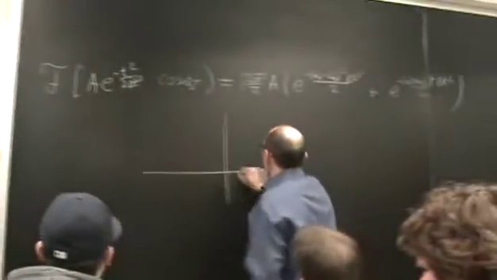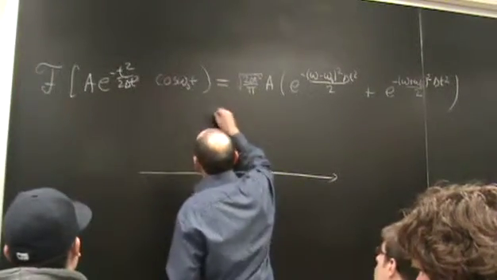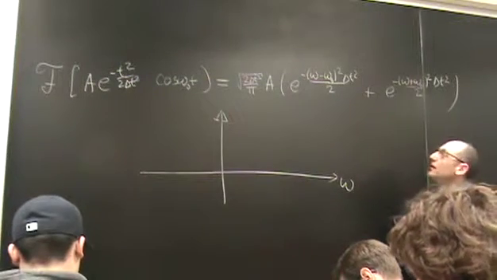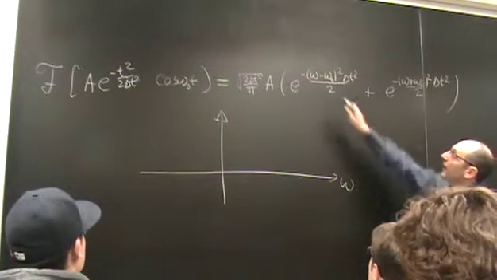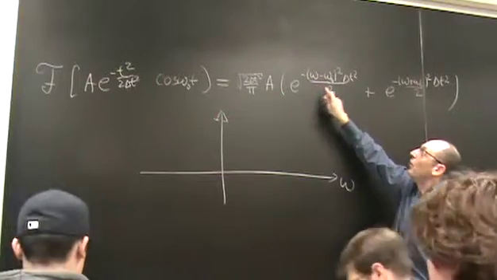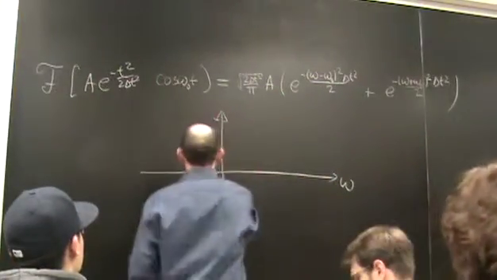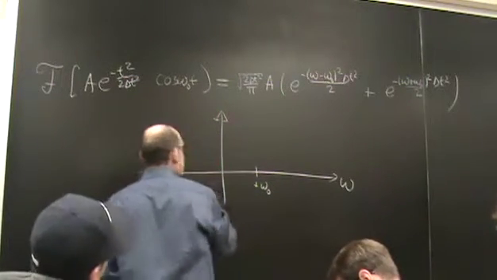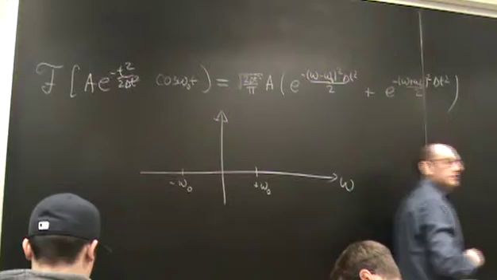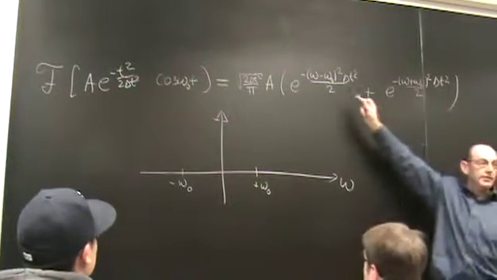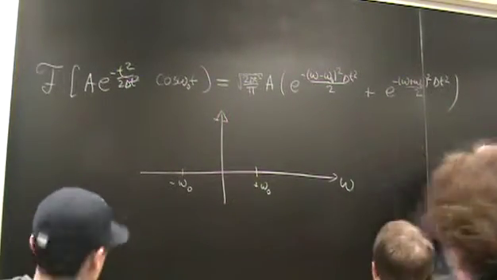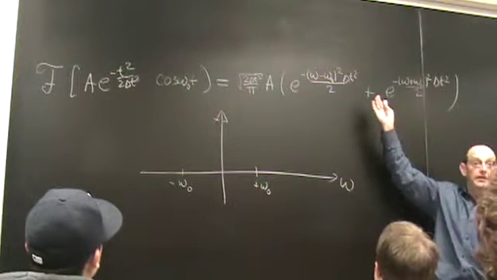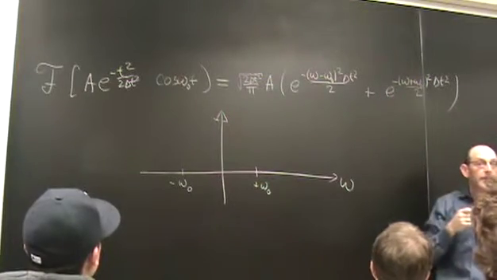What does the spectrum look like? If I plot this as a function of omega, it's two Gaussians in omega, one centered at plus omega naught, and one centered at minus omega naught. And what is the width of each of these Gaussians? 1 over delta t, or the variance 1 over delta t squared.